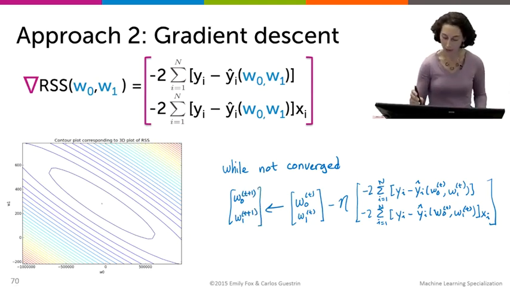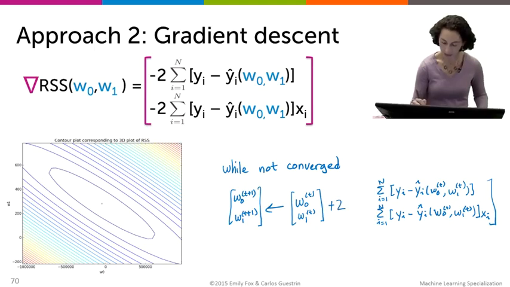Okay, let me just quickly rewrite this in the way that I was going to before, where I see in both components of this gradient vector, I have this minus 2 term here, and I have a minus eta. So I'm going to bring that minus 2 out here. So I'm just going to erase this and rewrite this. The minus 2 times minus eta is going to turn into a plus sign.